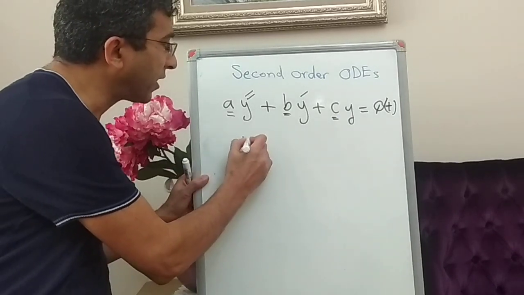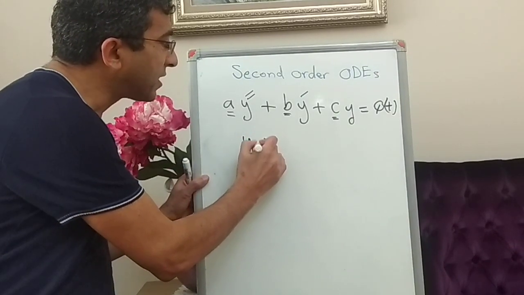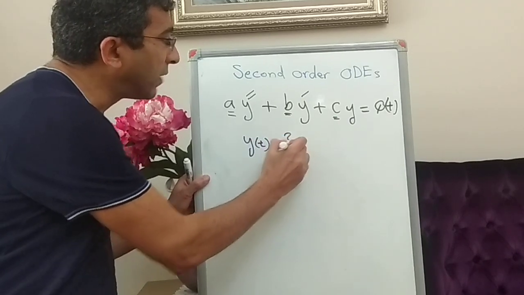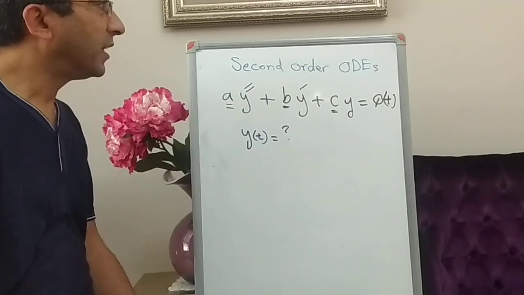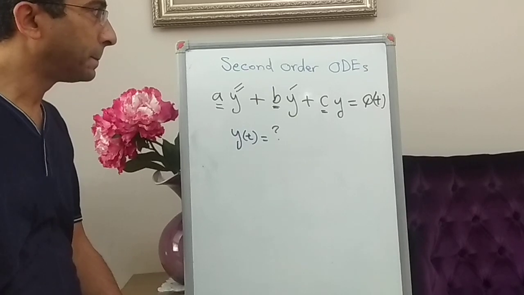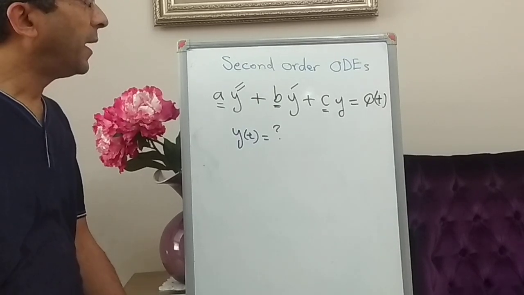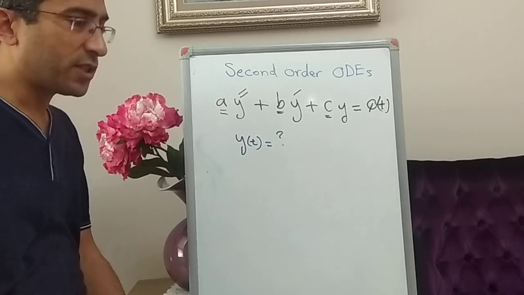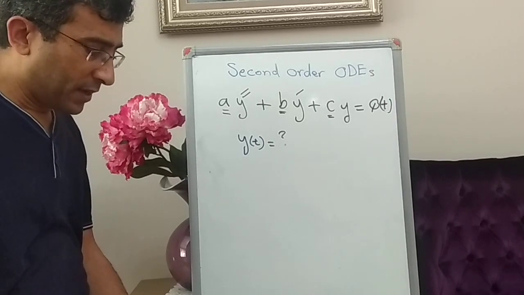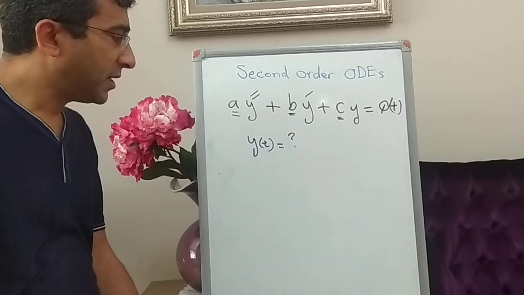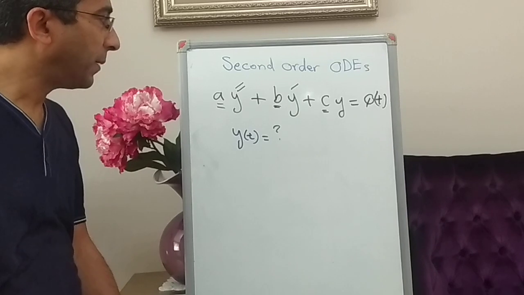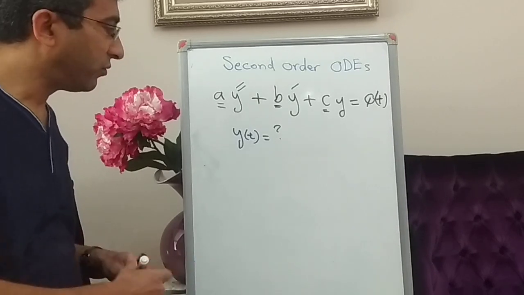I'm looking for the function y. Y is usually a function of time. What is the function y? To solve these types of equations, I will give you an example from practice that engineers usually need to solve.